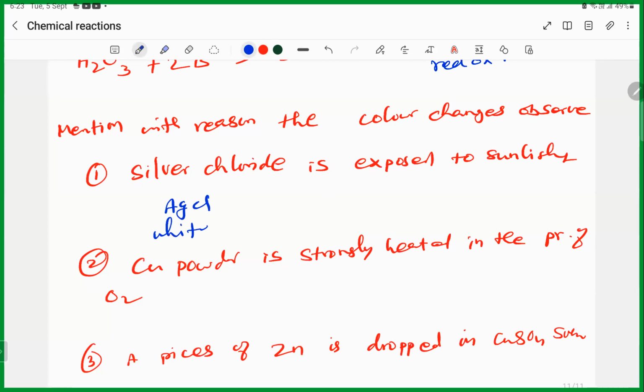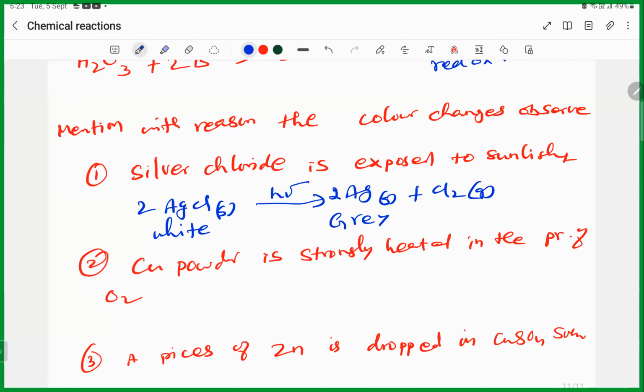White. When exposed to sunlight, it becomes gray. So when the white silver chloride is left exposed to sunlight, the color changes to gray. That means silver, and then chlorine gas. Okay.